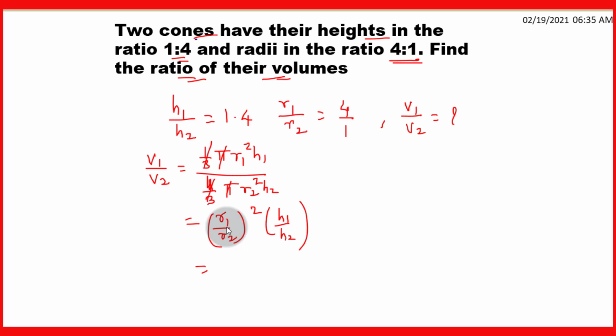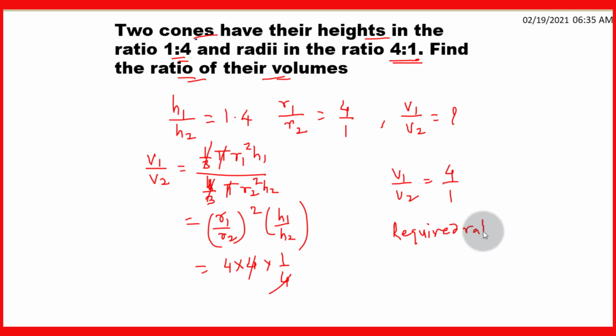Now simply put the values, that is r1 upon r2, that is 4 upon 1, its square, that is 4 into 4, multiplied by h1 upon h2, that is 1 upon 4. So 4 and 4 will get cancelled, and here you will get v1 upon v2 equal to 4:1, and therefore the required ratio is 4:1.